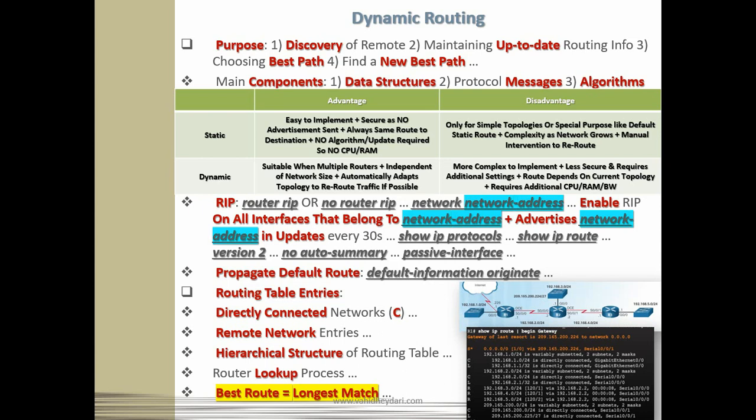So route source for R routes are the same. This is how the route was learned. Destination network the same. But very important one, what you can see here for this route, for instance, R 192.168.3.0/24, then what you see is 120/1.